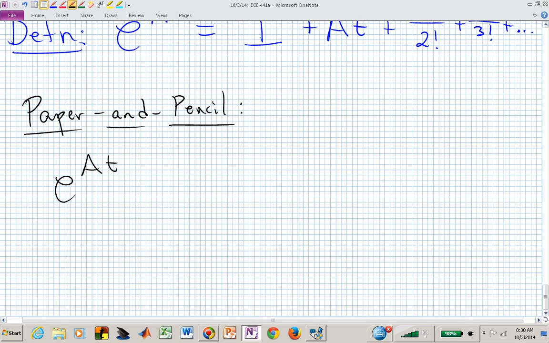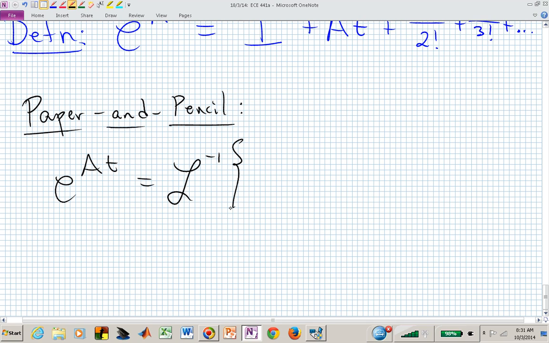How many energy storage elements do you have in your circuit if you want a 10 by 10 matrix? You need 10. So now you have 10 inductors, let's say, and maybe 20 resistors floating around. Solve that circuit, and now you have this system of equations. You have an A matrix. Now you can find the matrix exponential. I know you're just waiting to get home to try this.